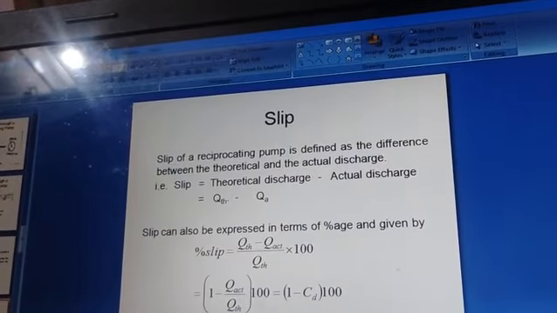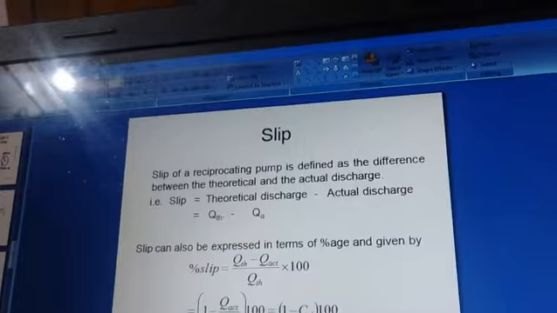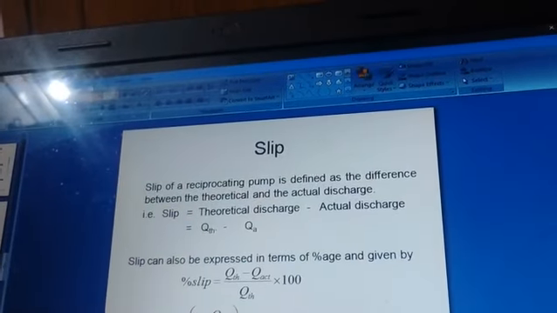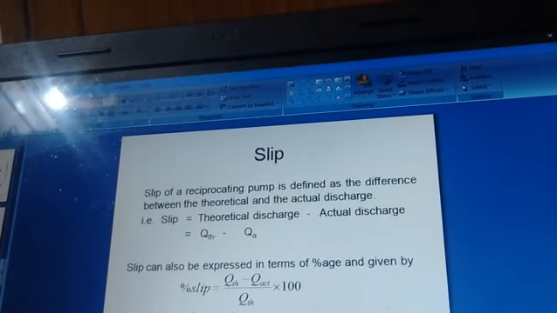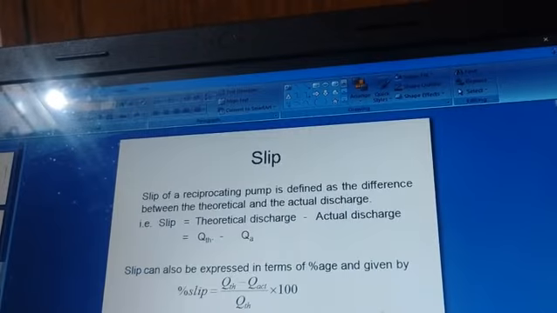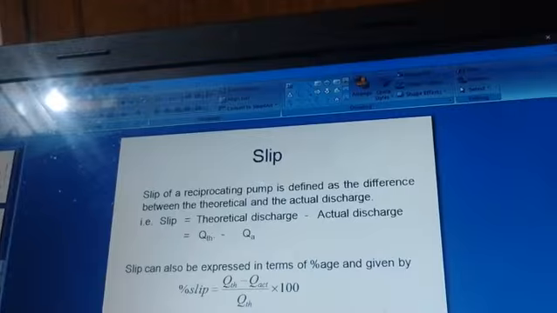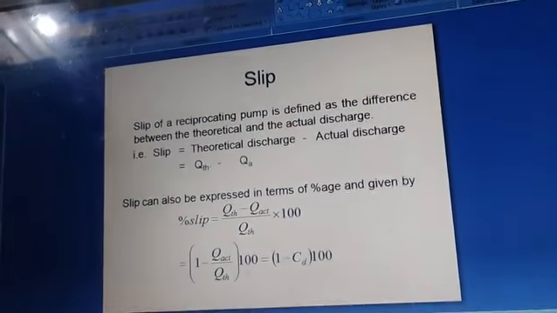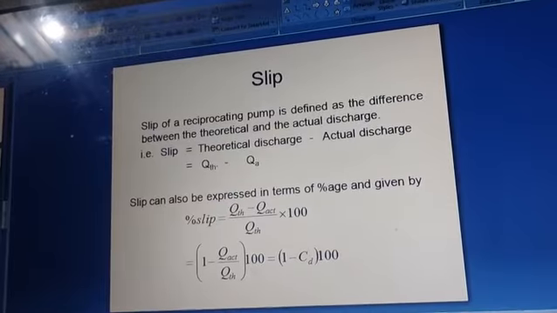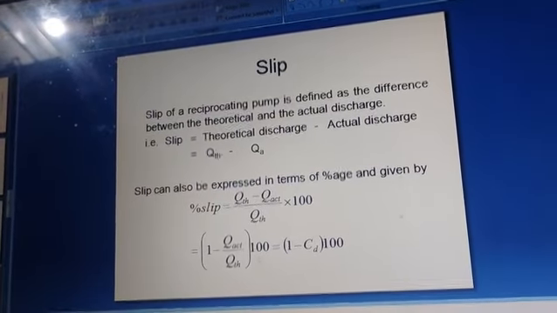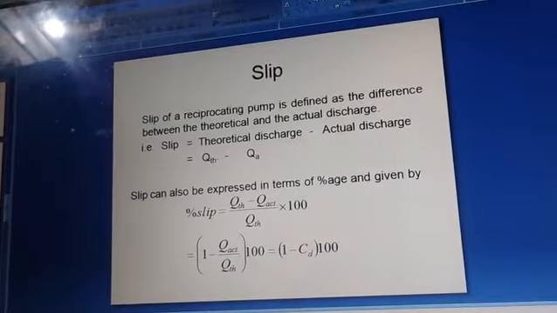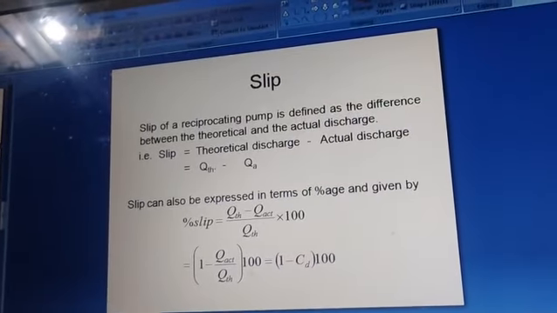So what is the slip? Slip plays a major role in the reciprocating pump. Slip of a reciprocating pump is defined as the difference between the theoretical discharge and the actual discharge. Slip equals theoretical discharge minus actual discharge, that is, Q theoretical minus Q actual. The percentage of slip is equal to Q theoretical minus Q actual divided by Q theoretical into 100.